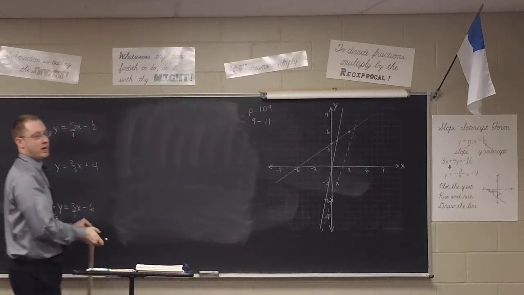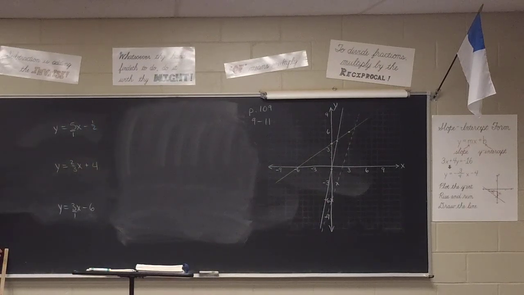And number 11 is a white dashed line. Notice all of them have positive slopes, so all of them appear to go upward at different rates.